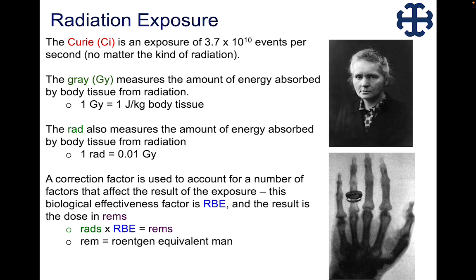And then what we typically report radiation in are units of REMS, which are your rads times another basically fudge factor or biological effectiveness of the radiation. So that will be dependent on the type of radiation that your body sees. So something we call RBEs, and when we multiply those two, we get REMS.